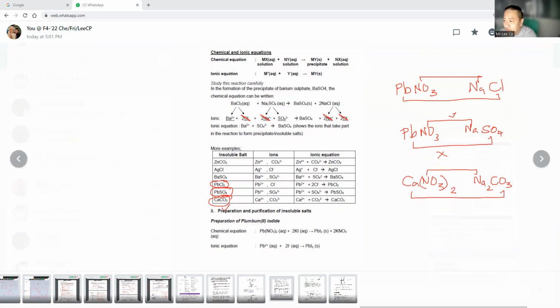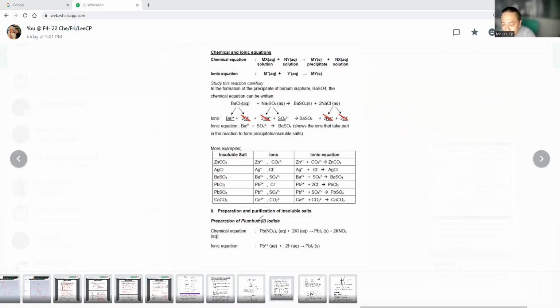All right. So if you understand this, now we are going to prepare an insoluble salt. For example, preparation of lead iodide. So you want to have lead Pb and iodide I. It is negative. This one is 2 positive.